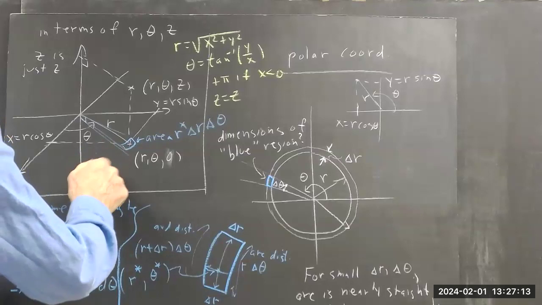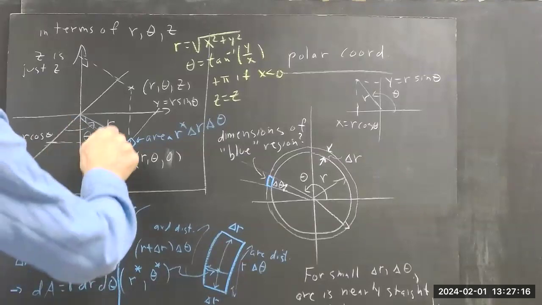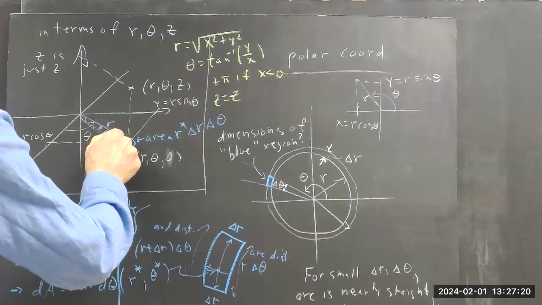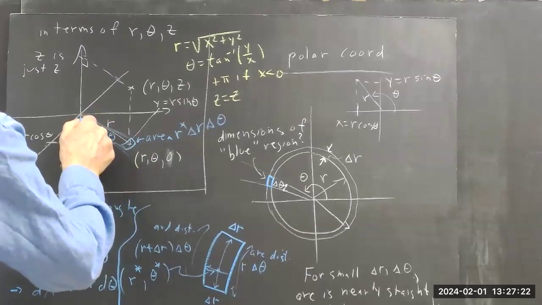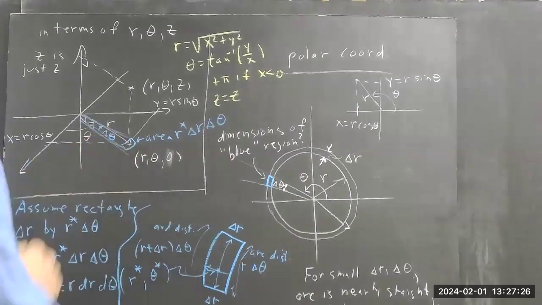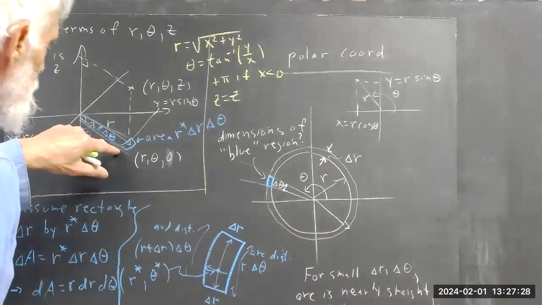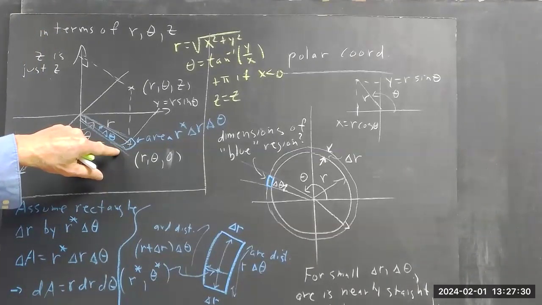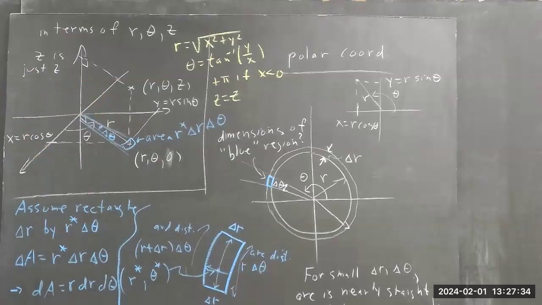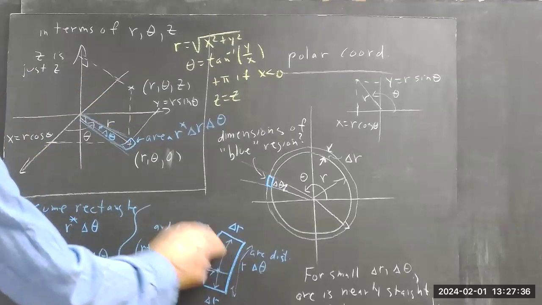So if you've got two angles theta, and you've got a delta theta between those angles, and some value of r, it defines an area increment, some delta r. So that's this. This is down here.